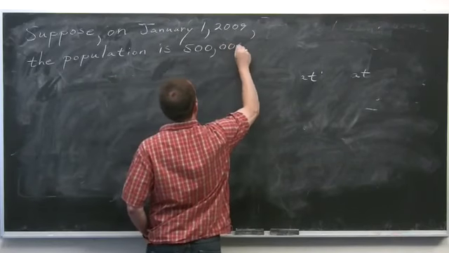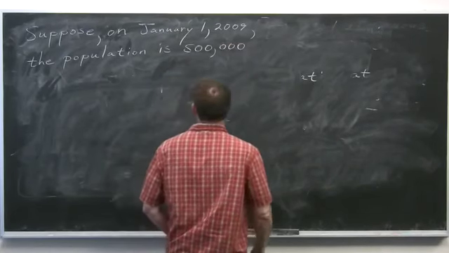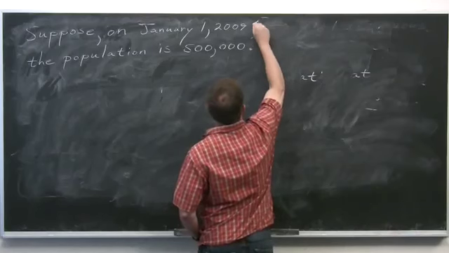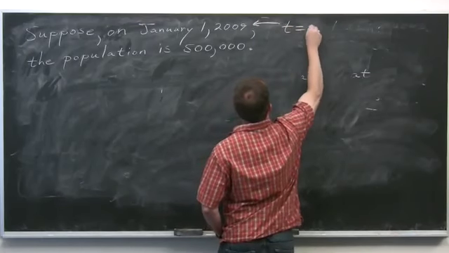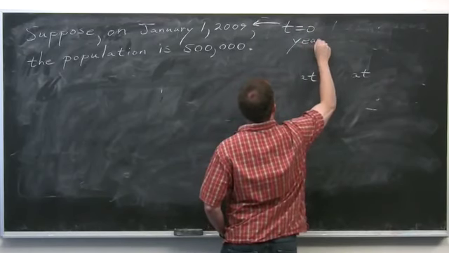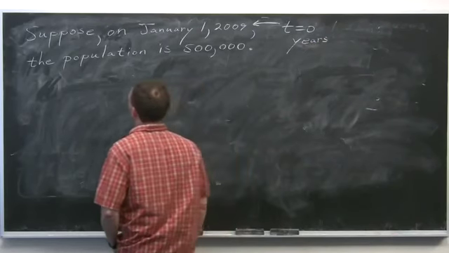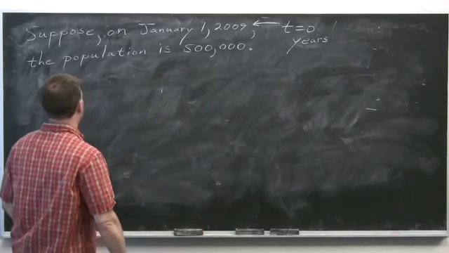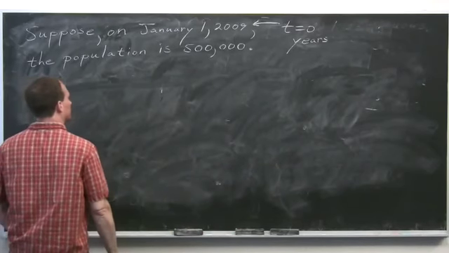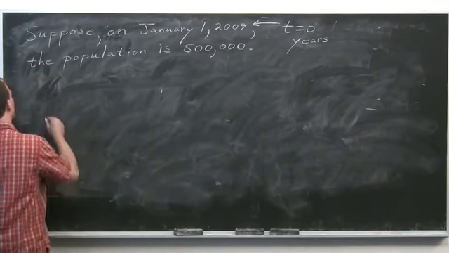We're going to call January 1st of 2009 time 0. So this is t equals 0 years. So t is the number of years since January 1st, 2009. Suppose the population is 500,000, okay?